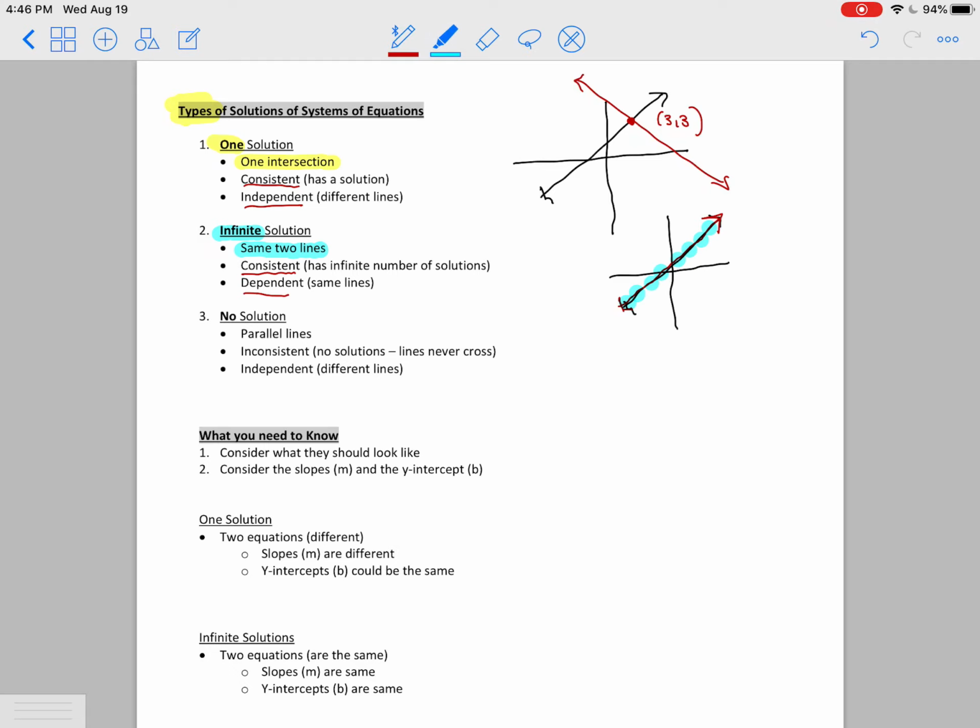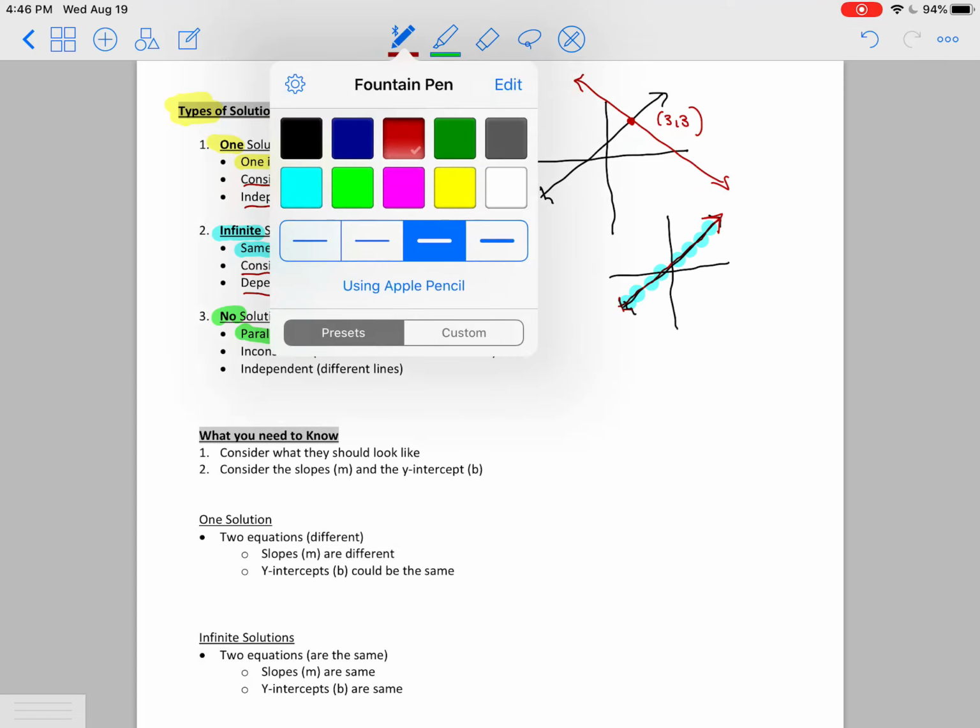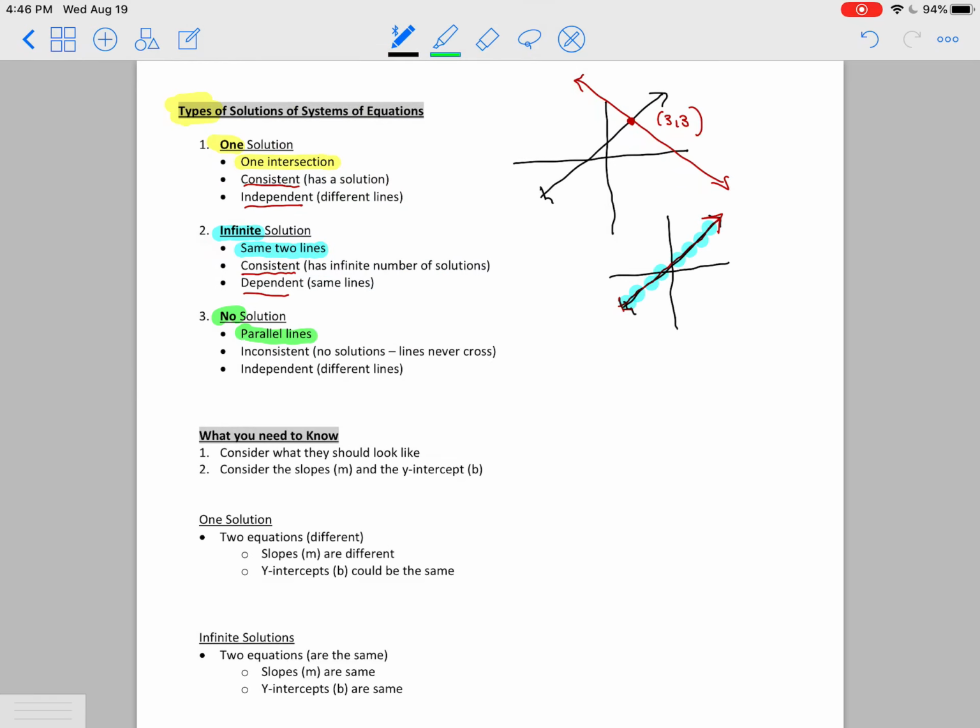All right, and finally, we have what we would call no solution. And no solution is simply parallel lines. If we think about the meaning of the word parallel, we know that parallel just means that the lines are running in the same direction. They will never cross each other.